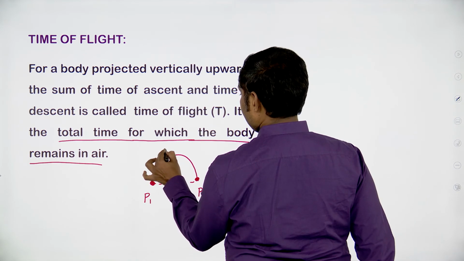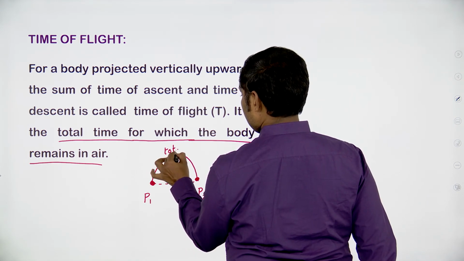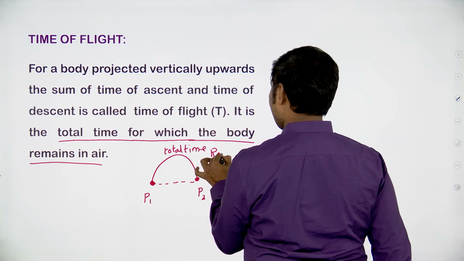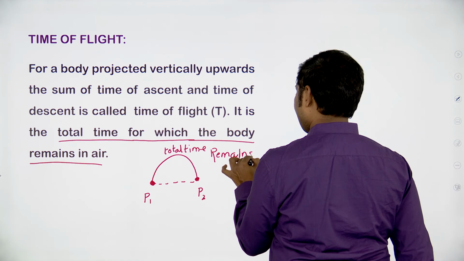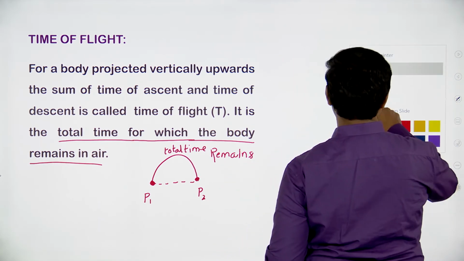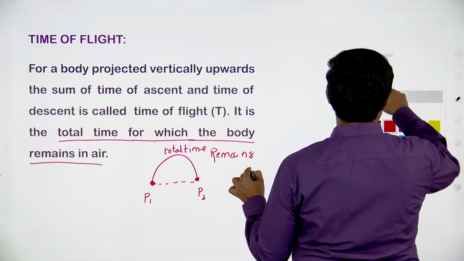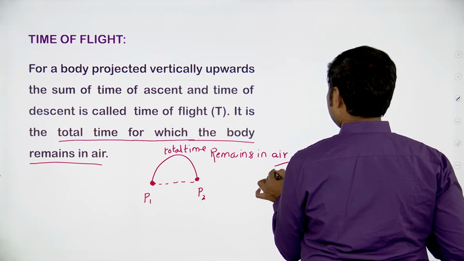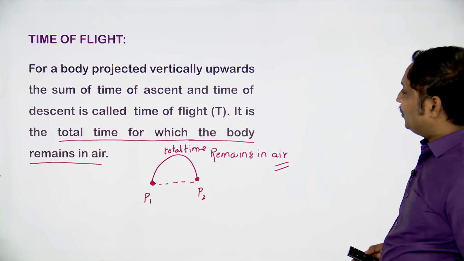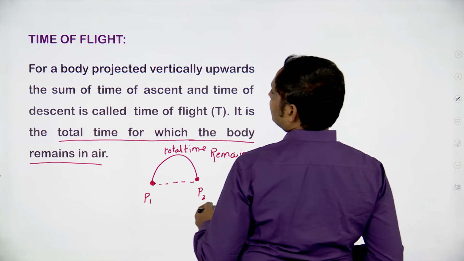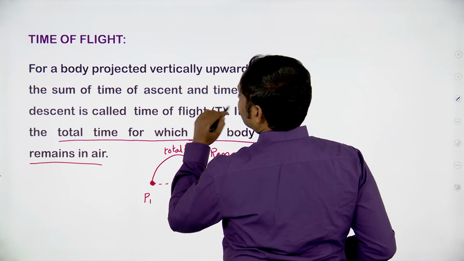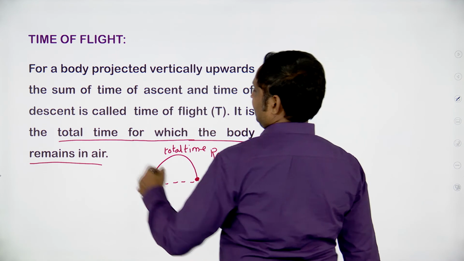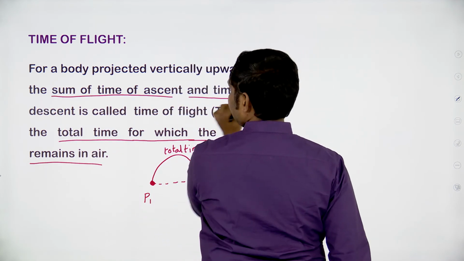We would like to get the total time it remains in air. Otherwise, we can talk about the time of flight as the sum of the time of ascent and time of descent.